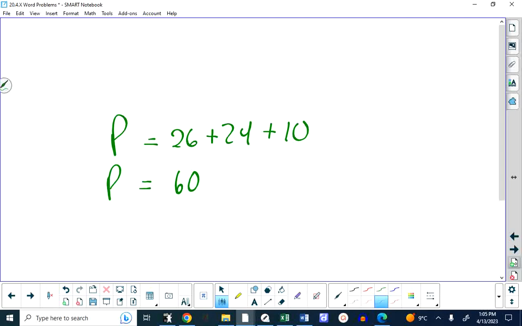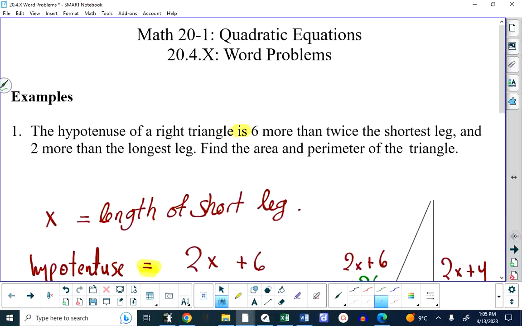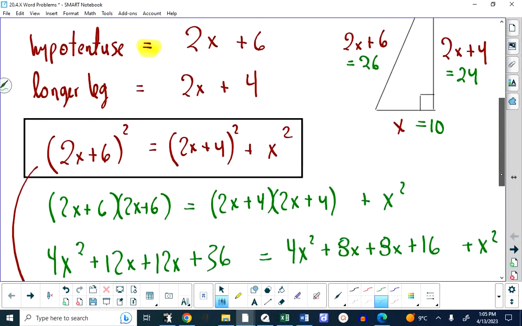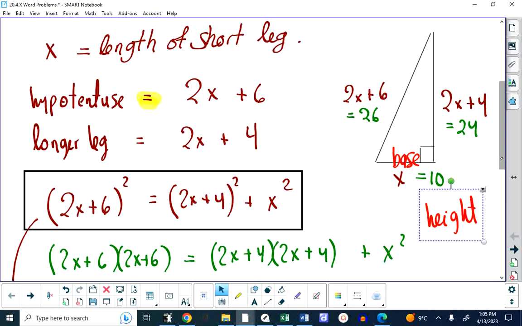The area of a triangle is 1/2 the base times the height. In a Pythagorean triangle, you can treat the bottom of this as the base, and this is the height. I'm going to actually write the word height here, because I don't want to just put h and have you think that maybe it's the hypotenuse.